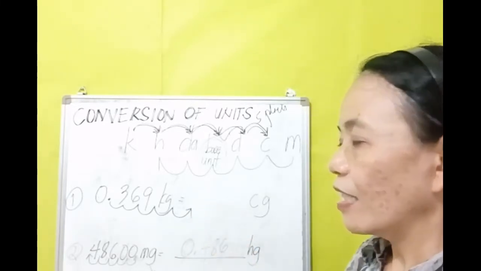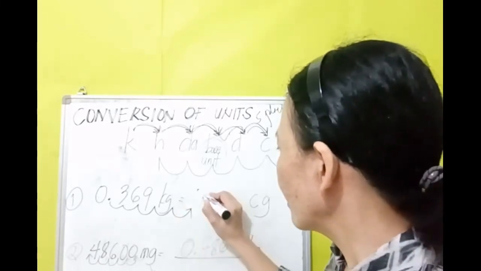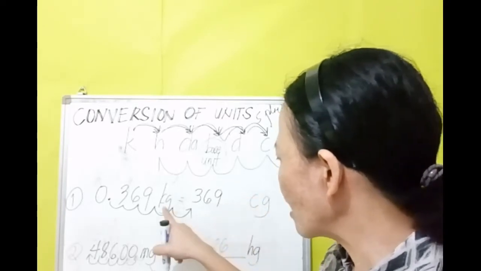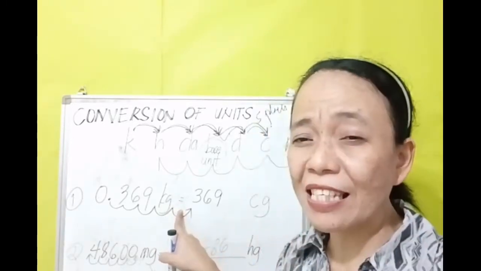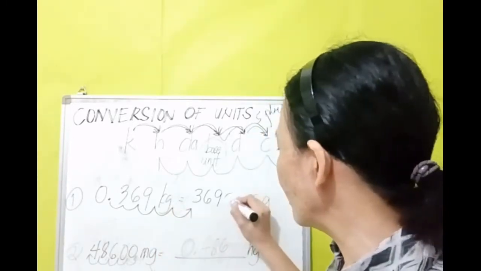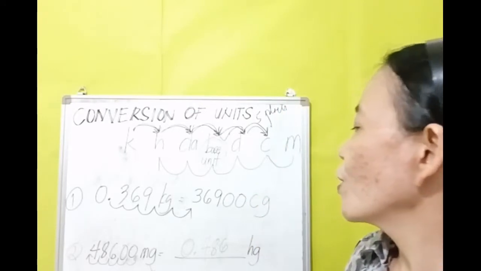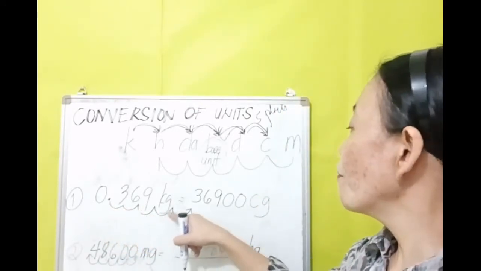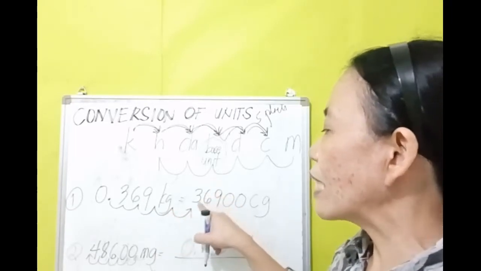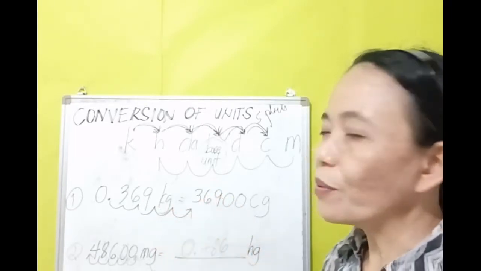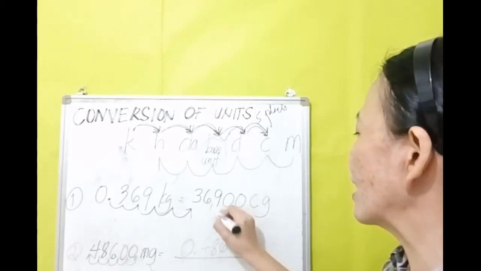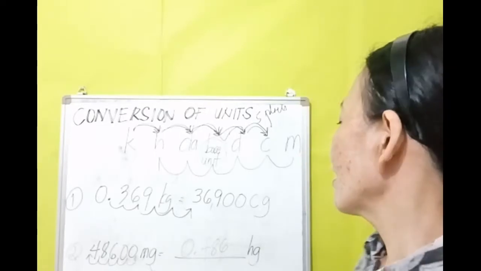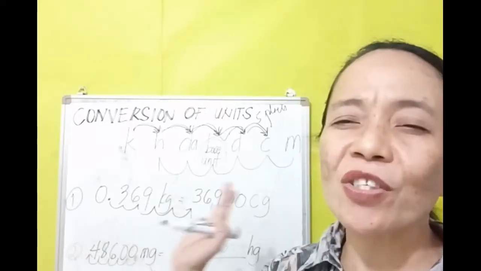So this is 3, 6, 9 plus 2 zeros. So add 2 zeros. So again, 1, 2, 3, 4, 5. So 3, 6, 9, add 2 zeros. So the final answer is 36,900 centigram. No more question.